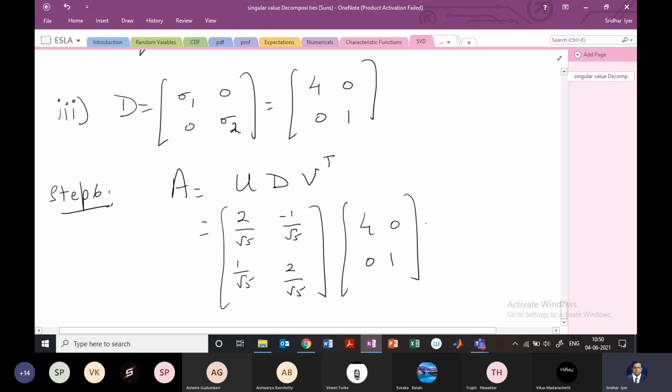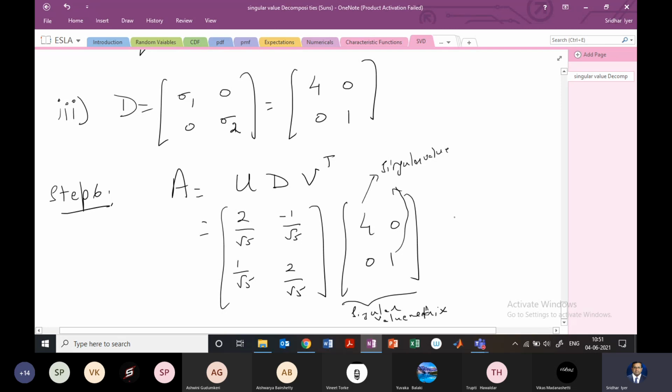Please note here, D is not just lambda values, it is singular values. So this diagonal matrix is of singular values. Please don't make a mistake. You need to put singular values here. This is a singular value and that is a singular value. This entire diagonal is known as a singular value matrix.